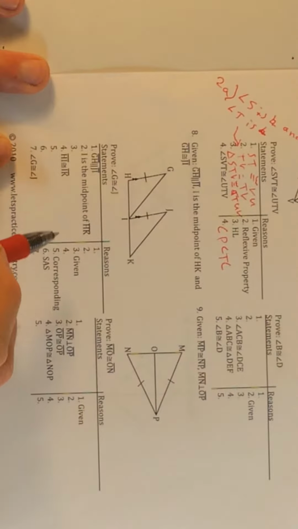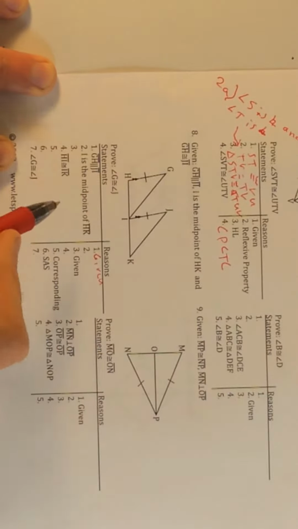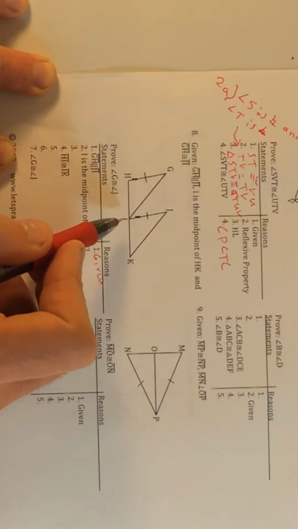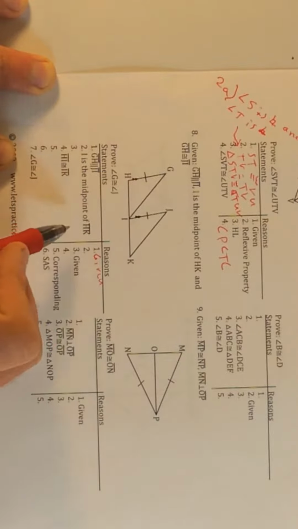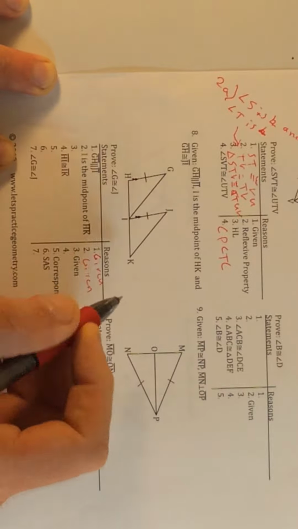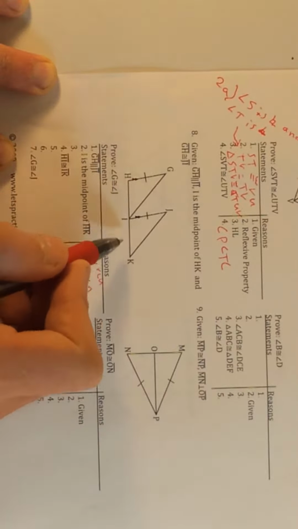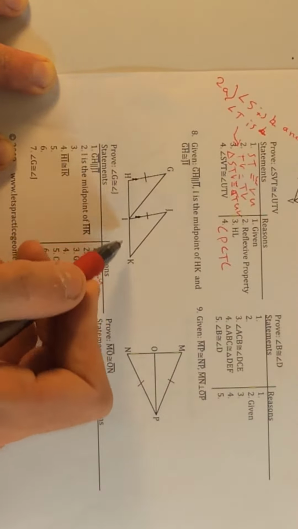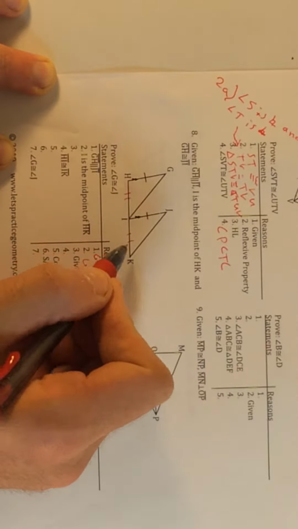The reason for that is it's given. Then I is the midpoint of HK, and this is also given. Now, when we know something's the midpoint of a line segment, that means we're splitting HK into 2 equal parts. So think about what else we could label with that. We know that this part is going to be equal to that part, so I'm just going to label that on my triangle. That means these must be the same.